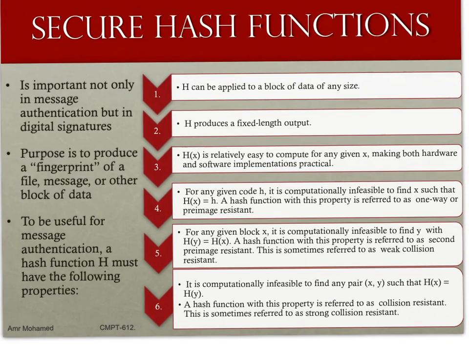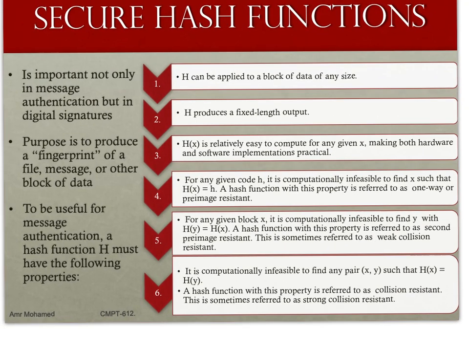So hash can be applied to a block of data of any size, so that the message digest itself has a fixed size, regardless of the original message size. But the message size can take any size, well, up to a limit. As we will see, the message has to be below certain limits, but it can have variable size.